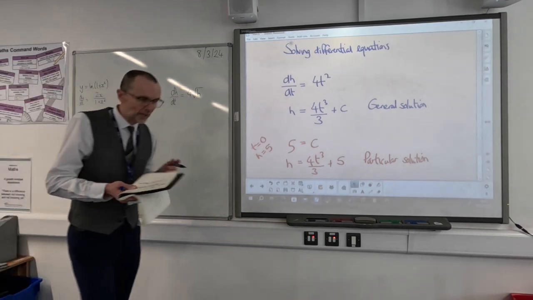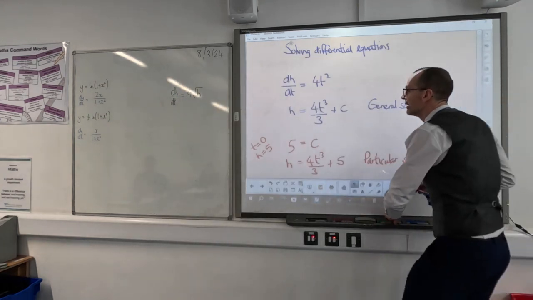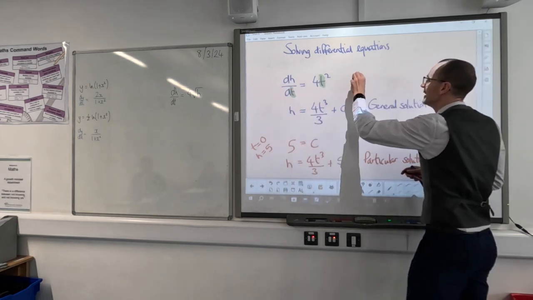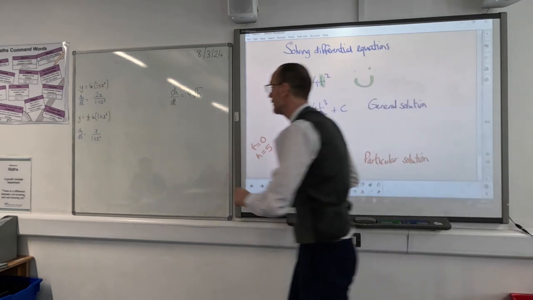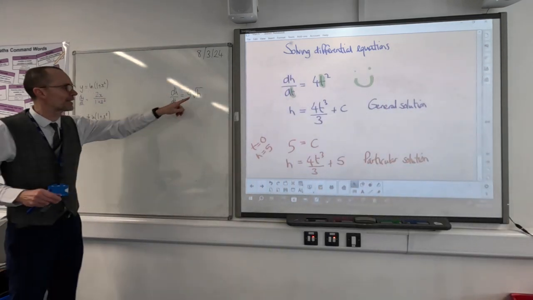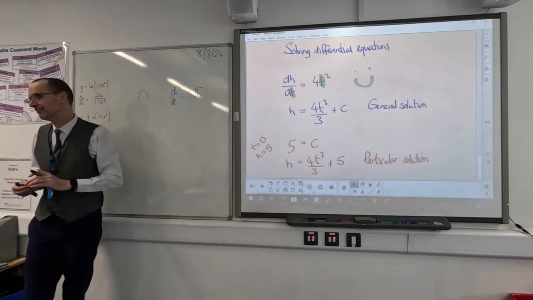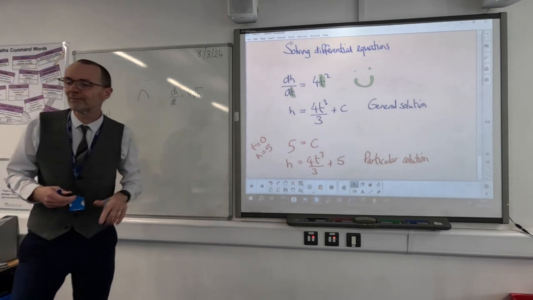So when we are faced with a differential equation, I always say, if it's in terms of t, and we've got a t there, then happy. If it's with respect to t, but that's in terms of h, how do we turn a frown into a smile?